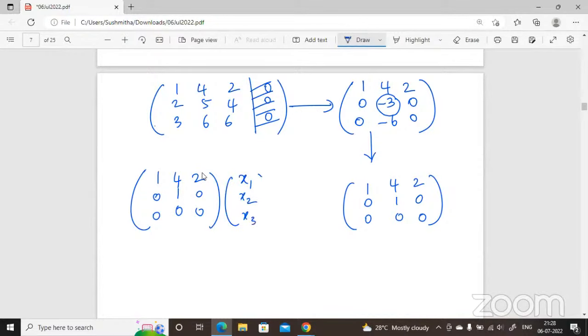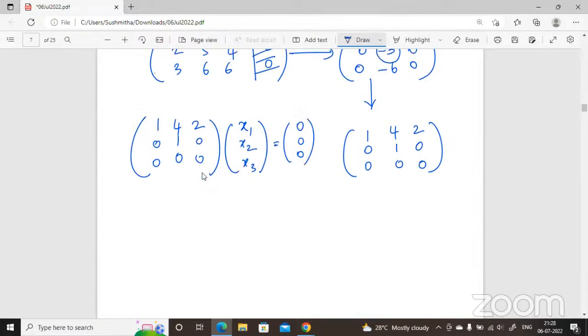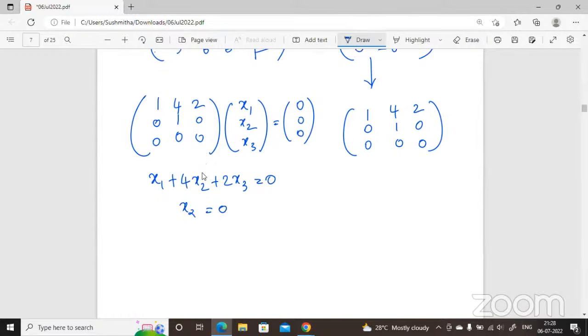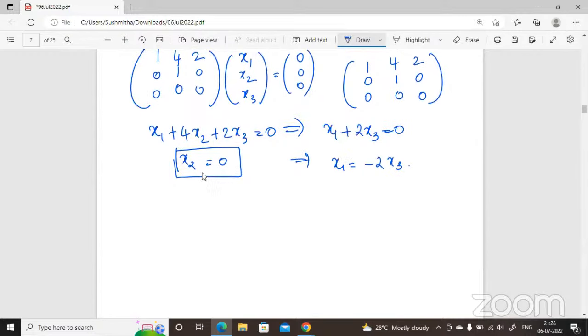So now my reduced system is this, with x1, x2, x3 equal to 0, 0, 0. I am going to find all those x1, x2, x3 which satisfy this. x1 plus 4x2 plus 2x3 is 0, x2 is 0, and the third equation doesn't give me any information. So x2 is 0, which means this reduces to x1 plus 2x3 equals 0, that is, x1 is equal to minus 2x3. So what are the solutions?